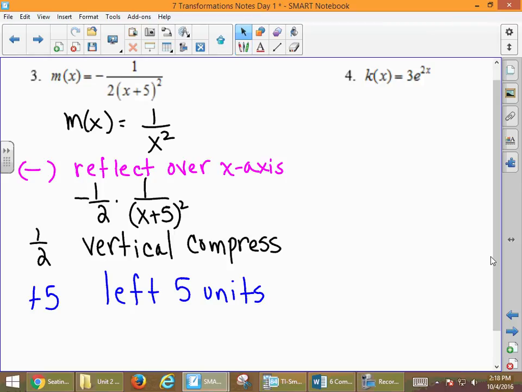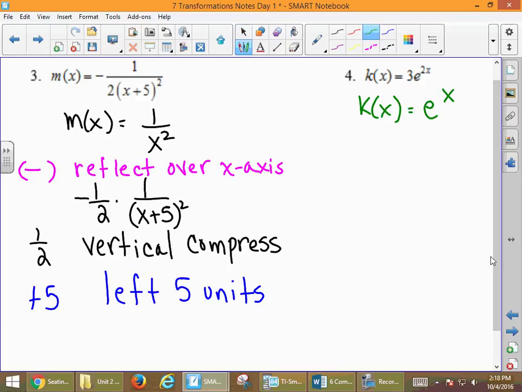So on problem number 4 here, again, what we want to come up with are the transformations that are occurring to this function. Again, e to the x, we don't have a lot of experience with e to the x, but I give it away there. Our parent function is e to the x. And in this particular case, let's look at this.